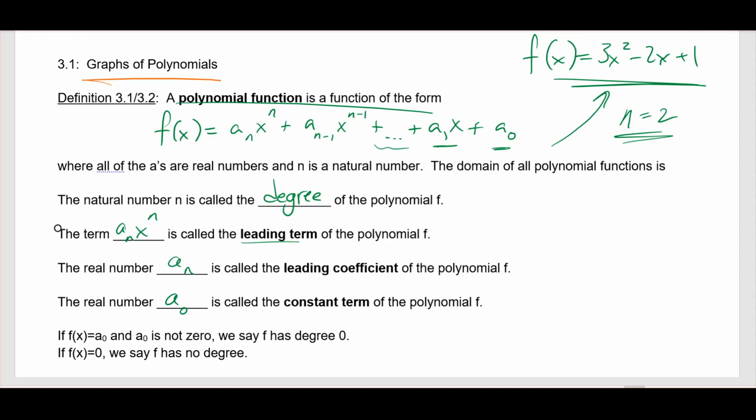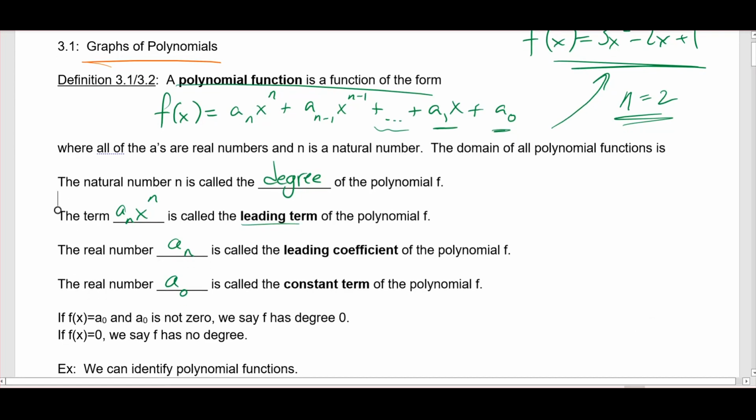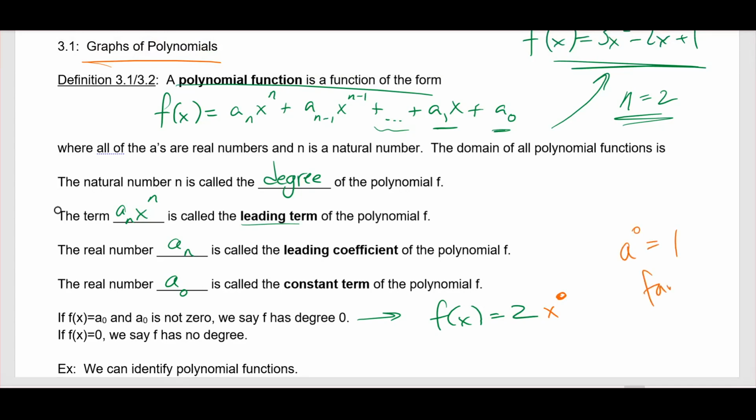Okay, so as special cases here, if we have a function of the form f of x is 2, we would say that this has degree 0. Now, what we want to think about here is the variable part attached to it. Well, we know that any number to the 0 power is always 1 for all real numbers.